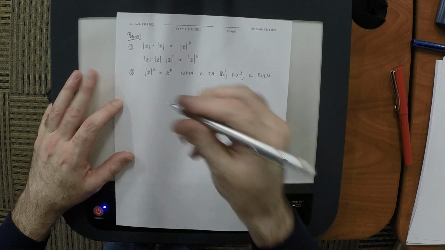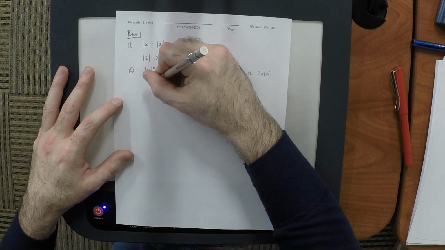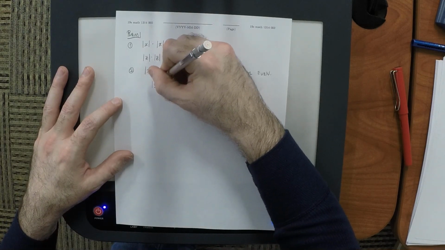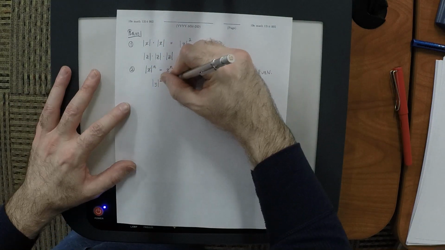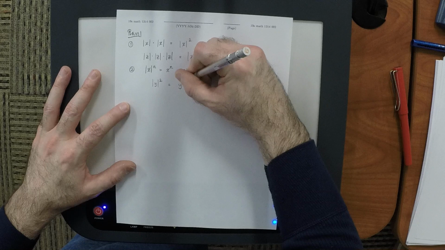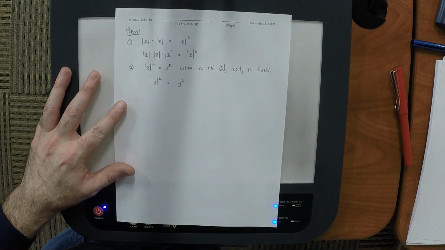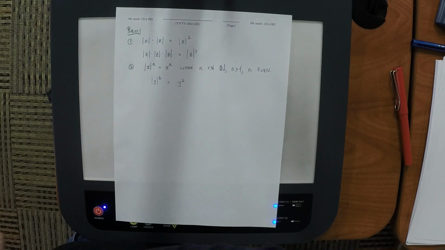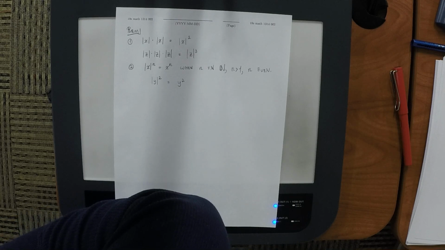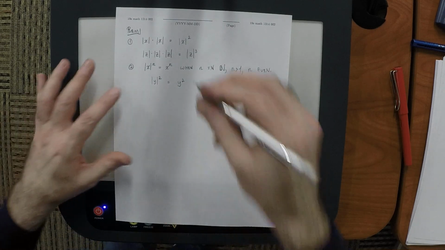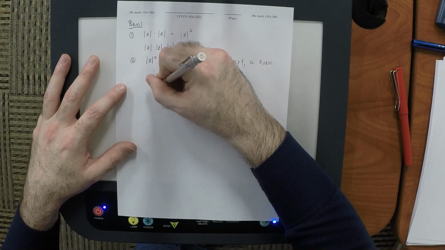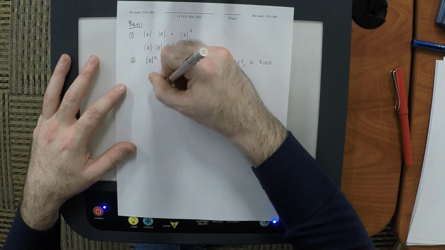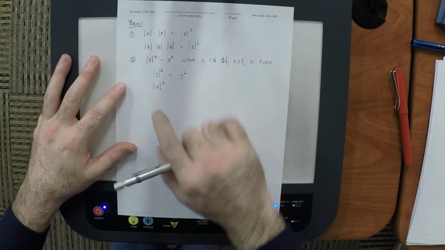So, to explain, how about the absolute value of y squared? What I'm saying is that you could write this as just regular old y squared. You don't need the absolute value. The reason why you don't need the absolute value we can illustrate with a specific example. How about the absolute value of -5 squared?